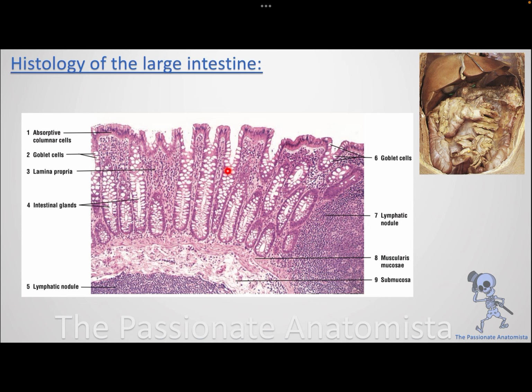Here we call them intestinal crypts, and we have them in the small intestine too. If I have foldings, the depression is called a gastric pit in the stomach, and intestinal crypts in the small and large intestine. Sometimes in the large intestine they call them colonic crypts.